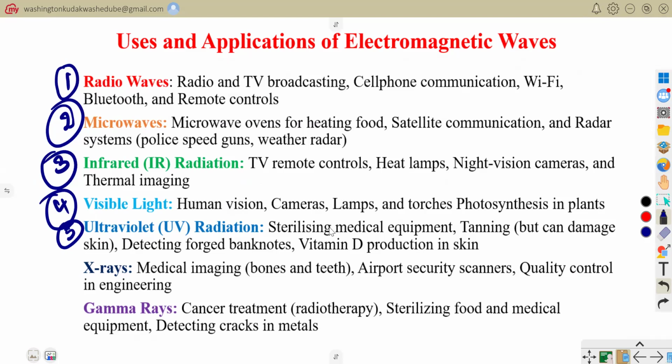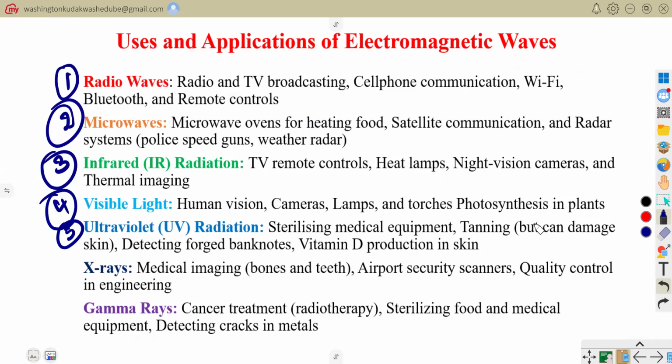When we say sterilizing medical equipment, what we simply mean is killing germs, killing undesirable microorganisms. That is what we refer to as germs. Once we kill these, we have sterilized our medical equipment. Hence, there won't be any spread of these disease causing organisms.